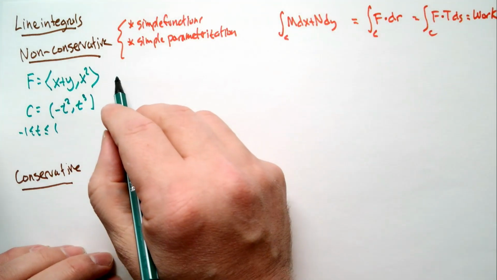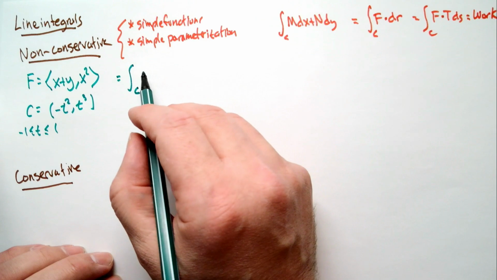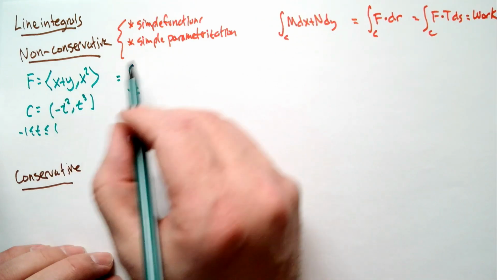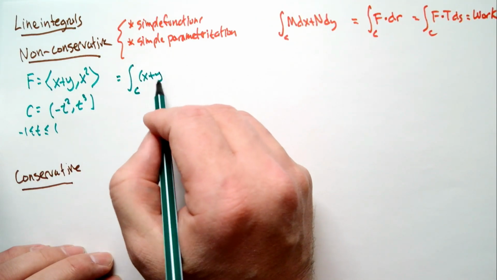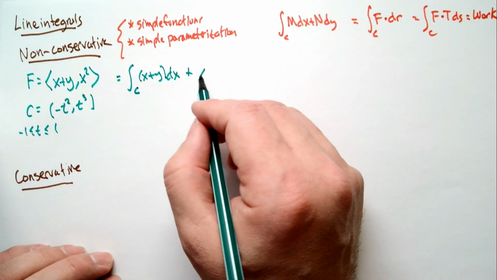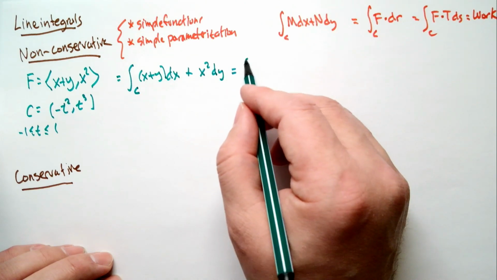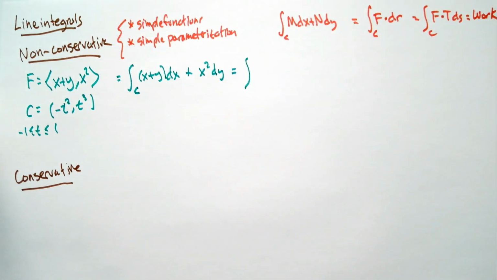So that says that this integral here is the integral along the curve of, so m is the first slot, x plus y dx, and it's your second slot, x squared dy. And the way you do this is you always put everything in terms of t.